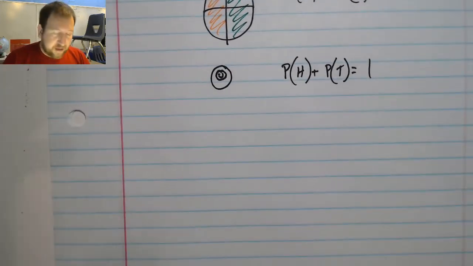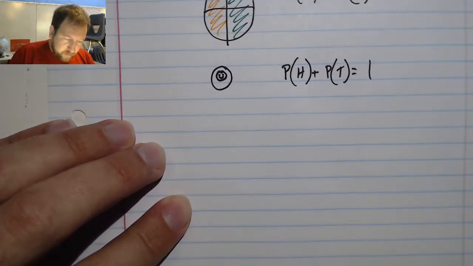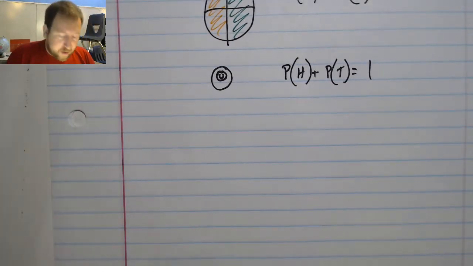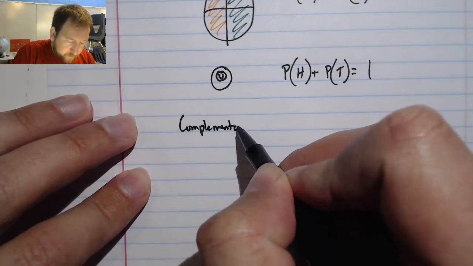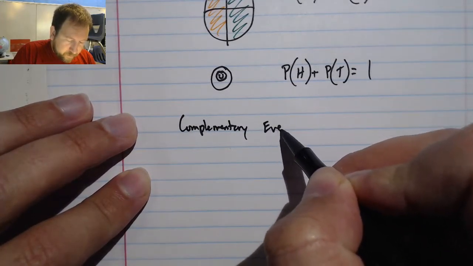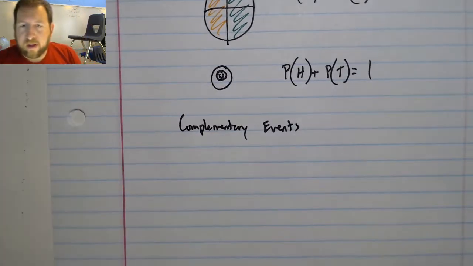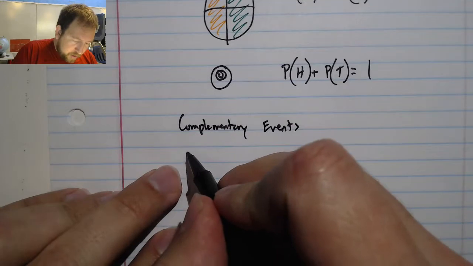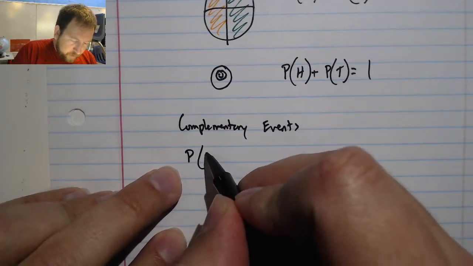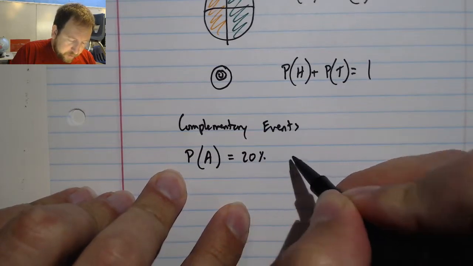They might even say, given an event that is mutually exclusive, or they are complementary events, say we have two events, A and B, and the probability of the first one happening is 20%.